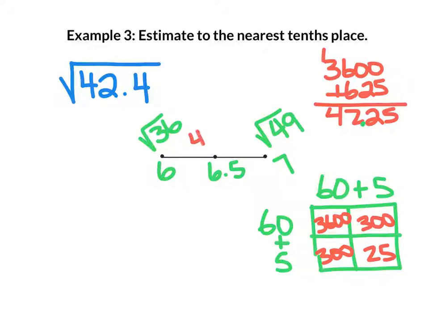So this will be 42.25. And my estimation is about here. So it's approximately 6.6.